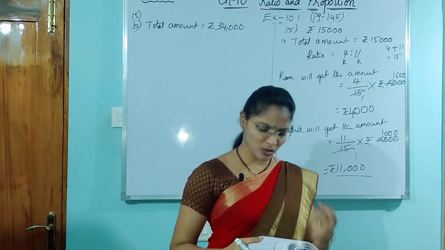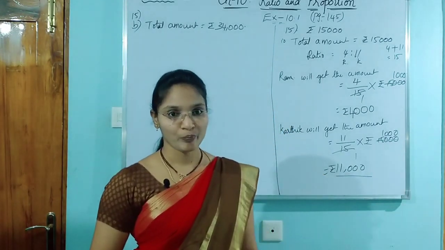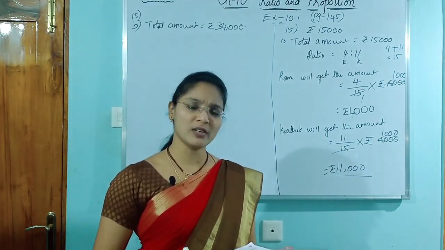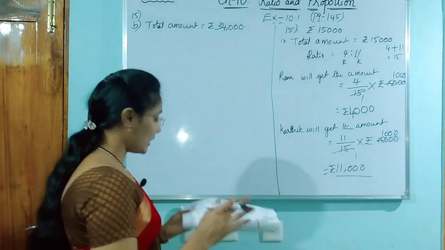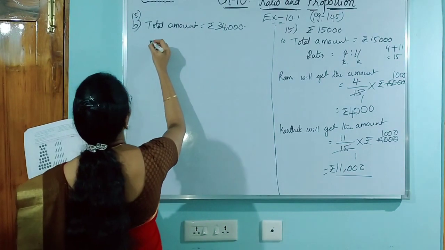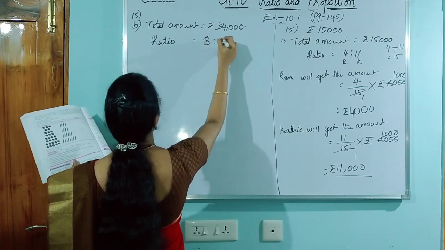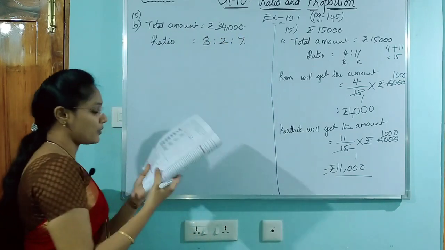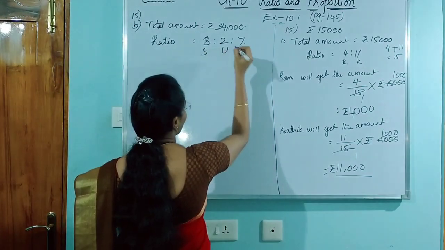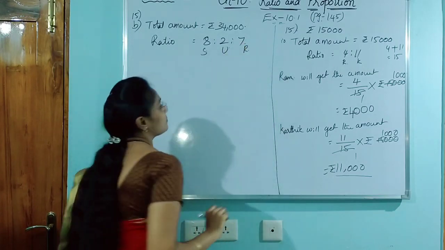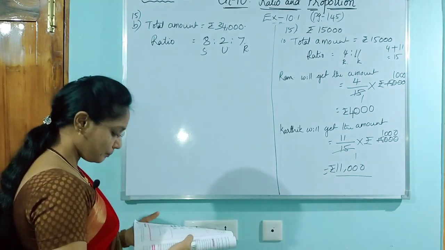Whether it is two terms or three terms, when you are going to find out that particular term's value with the help of the data, the procedure will remain the same only, children. Okay, have a look. First Shobha, the ratio of the three of them is 8:2:7. The order is what? First Shobha, Uma, Roshan. So the first term is Shobha, second term is Uma, third term is Roshan. Okay, the starting letters I have mentioned, which is clear to you to do the procedure.